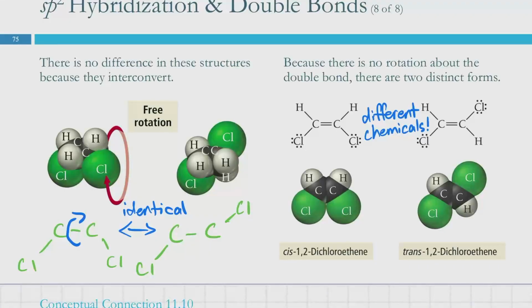There's lots of examples. I don't have any off the top of my head, but there's lots of examples of different, what are called isomers. It's the same thing, but it's just arranged differently. There's examples of the cis and the trans versions behaving differently.